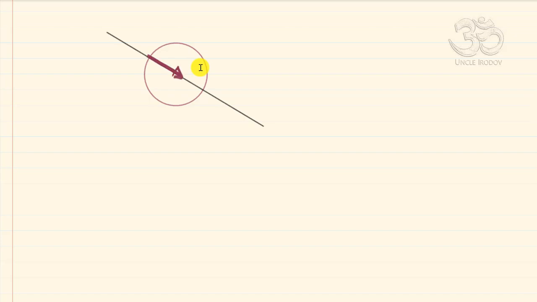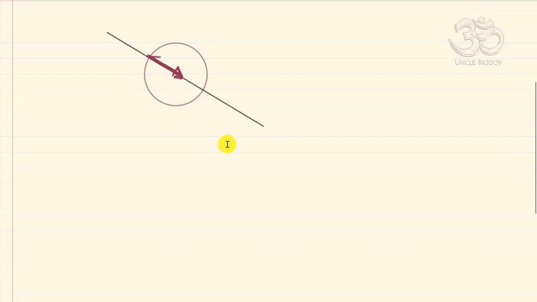This is how a force will act. And if there is a force acting on the ball along this particular axis, then the ball will suffer a change in momentum along that particular axis. So if it suffers a change in the momentum along that axis, it will start moving along that axis as a result of that impact. So figuring out the motion of this ball is actually pretty simple. It will move along this axis.